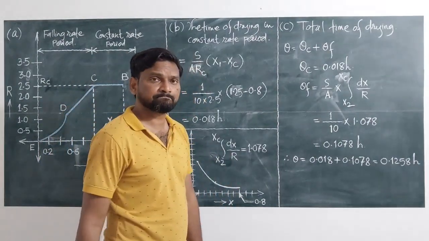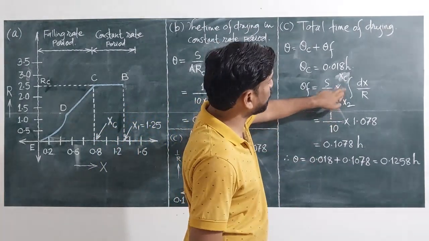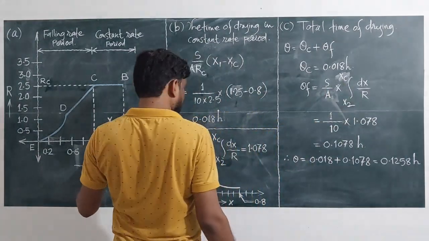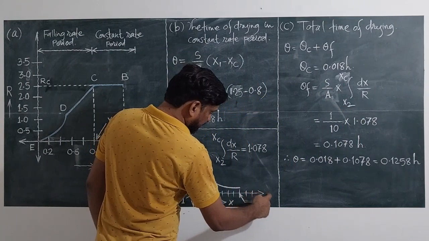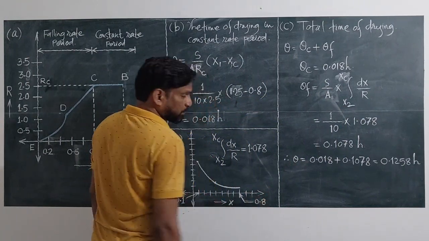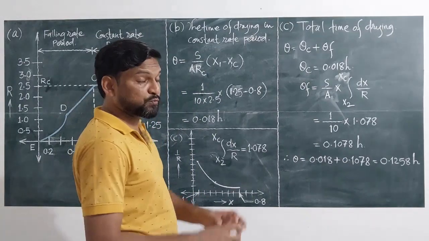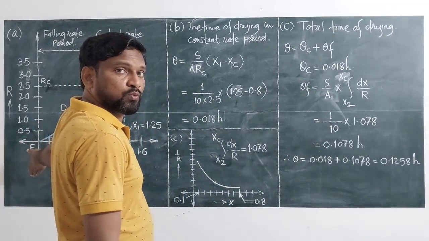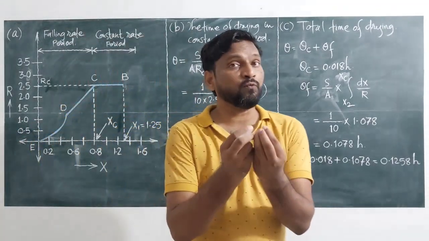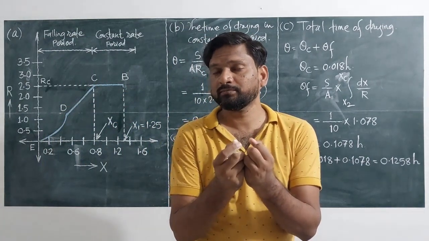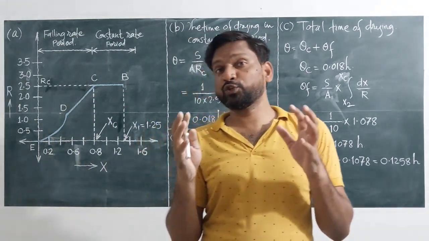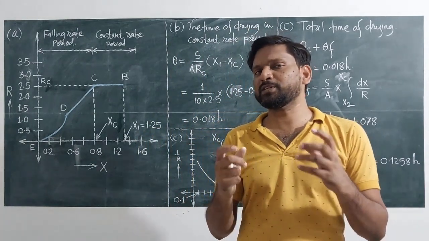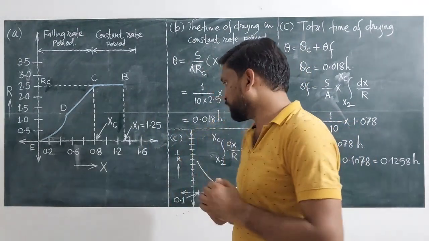From x2 to xc, the xc value we know is 0.8, therefore this 0.8 is here, because we are drying the material from xc to 0.1. Why 0.1? Because the final moisture content should be 10% on dry basis. 10% means 10 divided by 100, it should be 0.1.